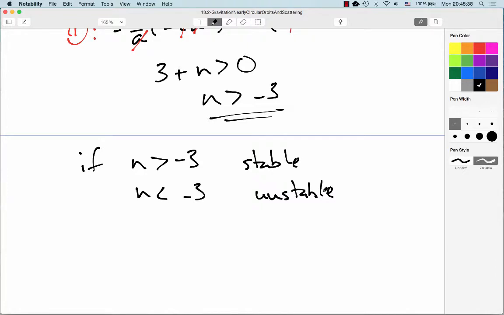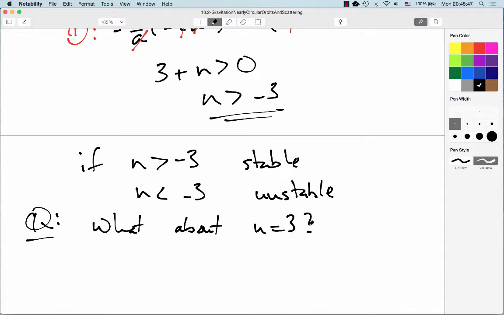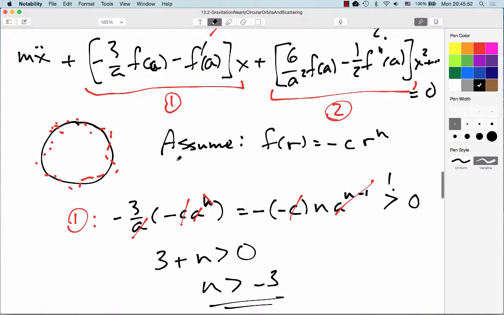But that leaves the issue of n equals negative 3 itself. We can't just throw it arbitrarily into one of these two camps, because the thing is that it makes term 1 be 0. So then we actually have to look at term 2. And keep in mind term 2, because it's in front of an even exponent, if it's non-zero, we're just going to fly off, because it's not a restoring force.